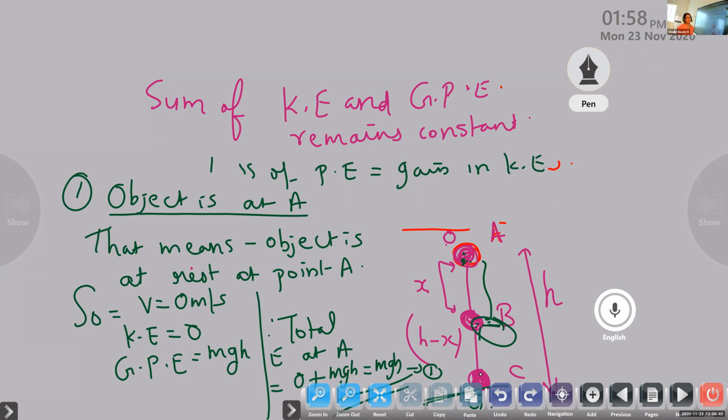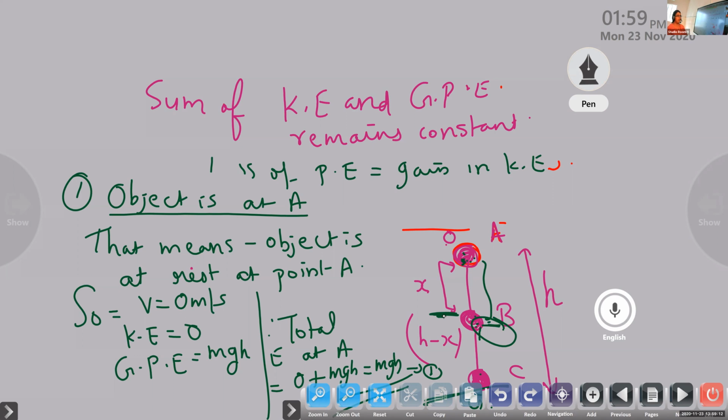I repeat once again. You have to calculate kinetic energy at B. To calculate that, first we should know how much potential energy remains. From here to here, some amount of energy is used that will be equal to the kinetic energy, and the remaining energy is what the object has at this particular height.